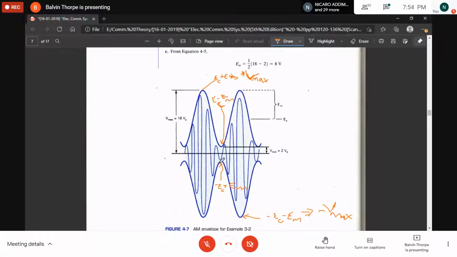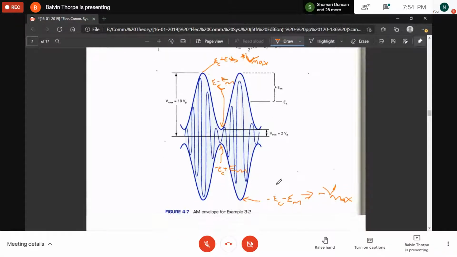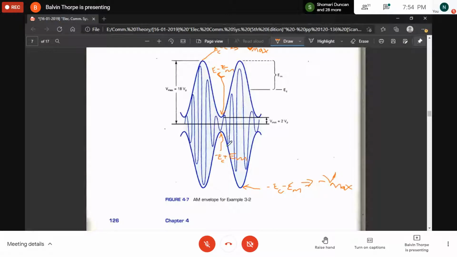Right there would be what? The maximum V minus, right? So would that be the minimum V minus? No, this is a maximum. Sorry. This is a minimum V minus, and this is a maximum V minus.